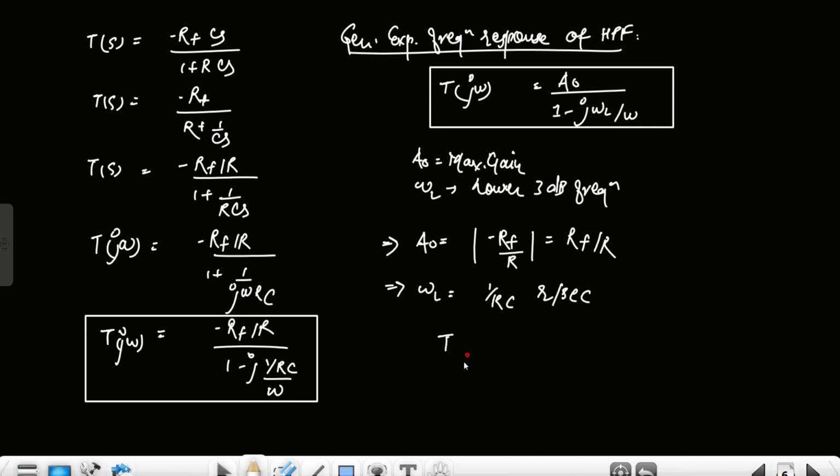So we will write this transfer function like this: minus Rf upon R, upon 1 minus j omega L upon omega.